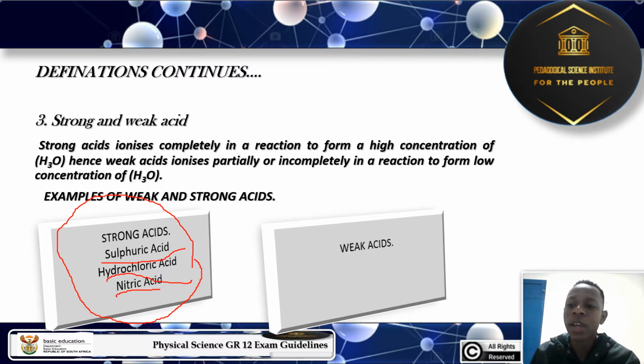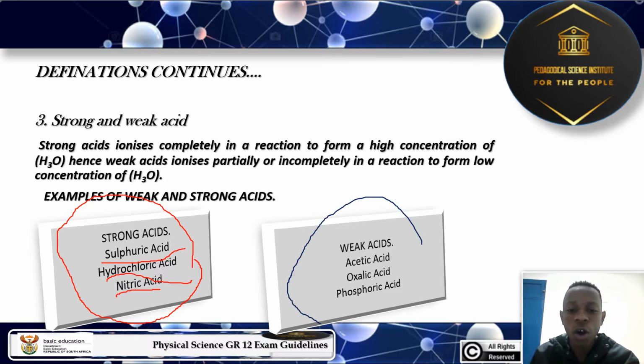Then weak acids: we have acetic acid, oxalic acid, and phosphoric acid. Those are weak acids, all three of them: acetic acid, oxalic acid, phosphoric acid. They ionize partially or incompletely.